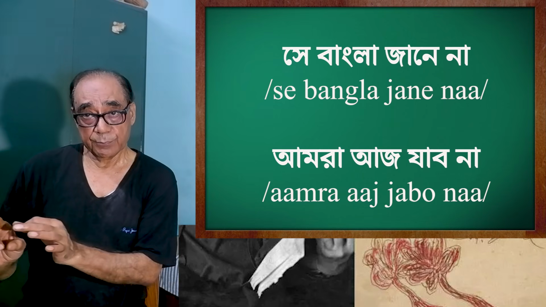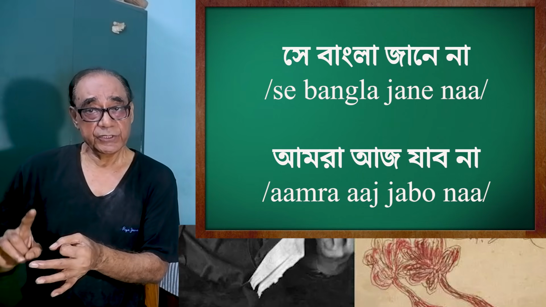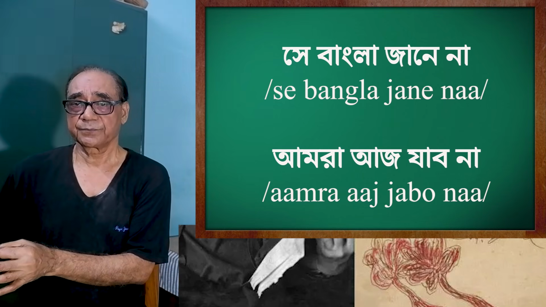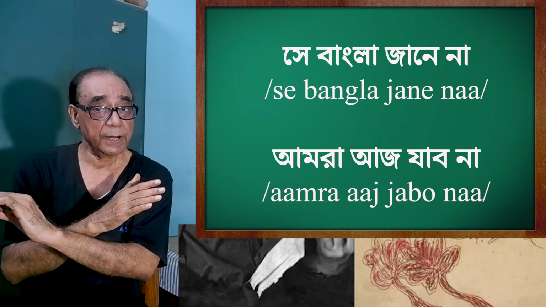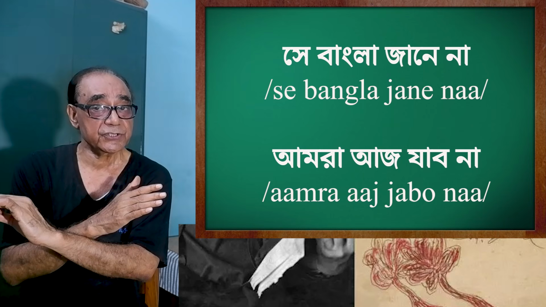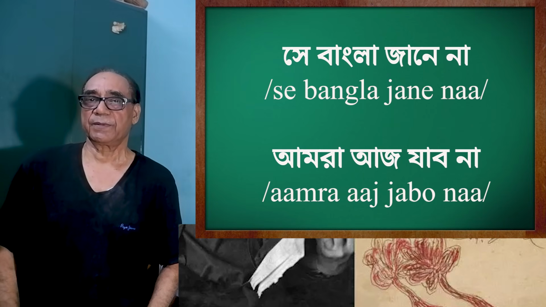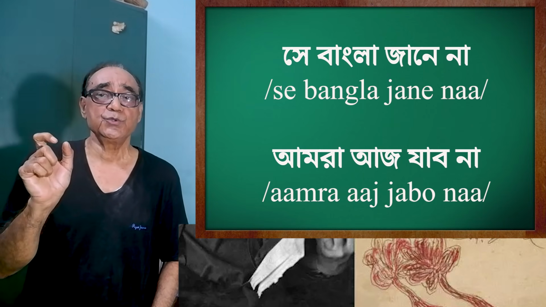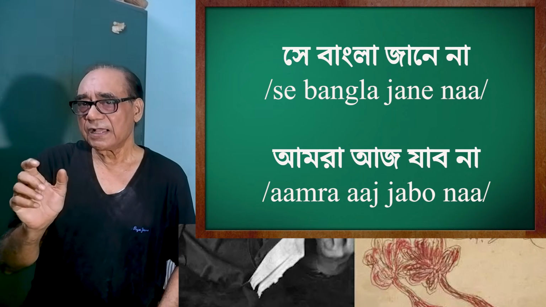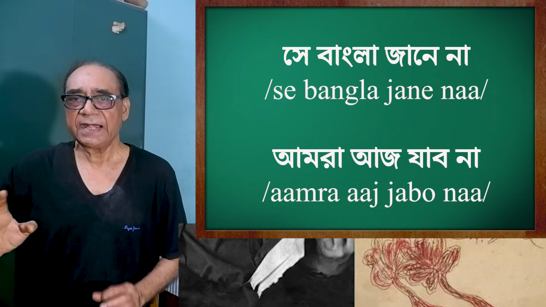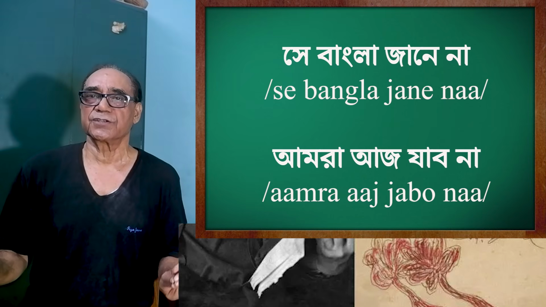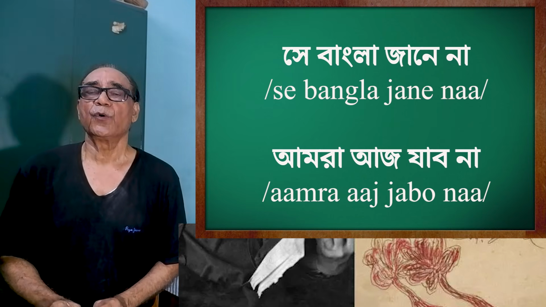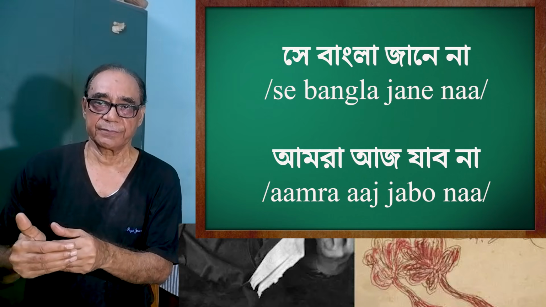Amra aaj jabo means we shall go today. Make it negative: we shall not go today means Amra aaj jabo na. So what happens? You just use na after the verb and it becomes a very nice negative sentence. When do we use this? When there is an action of a verb.